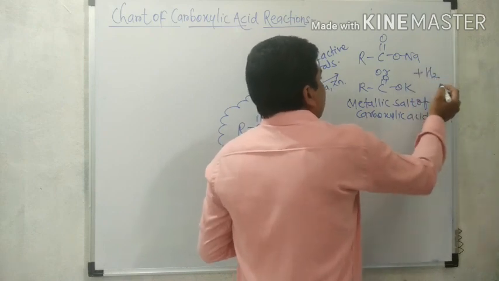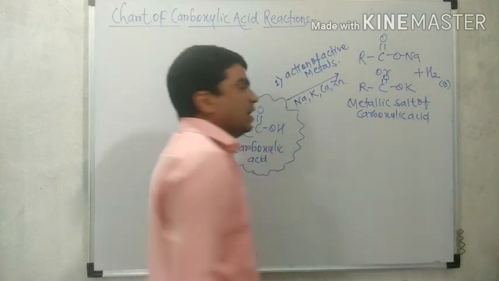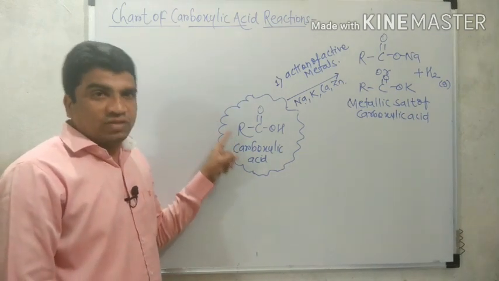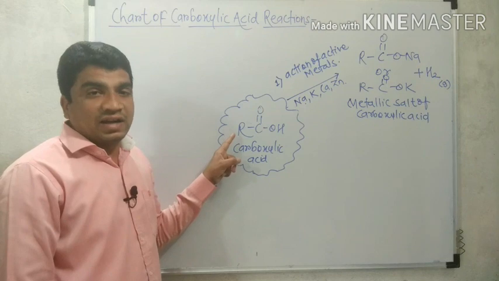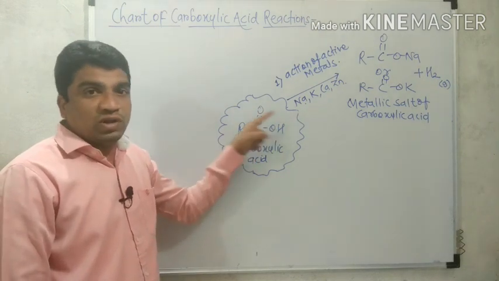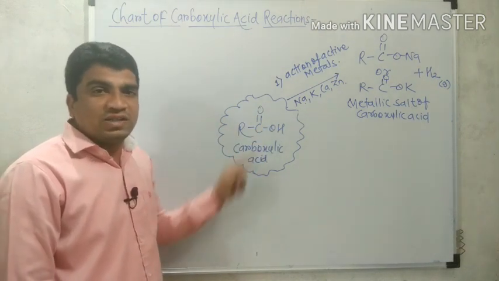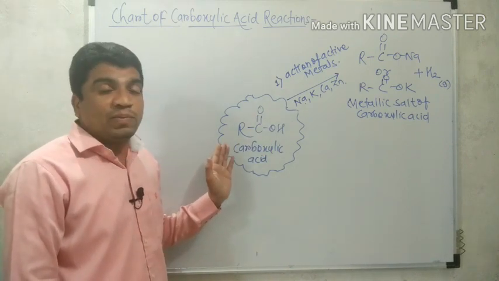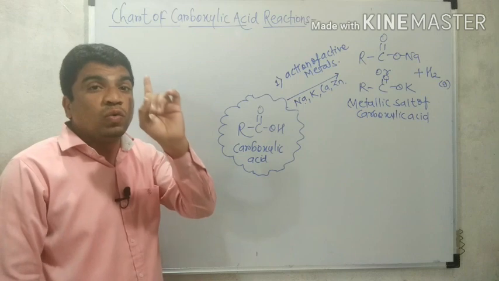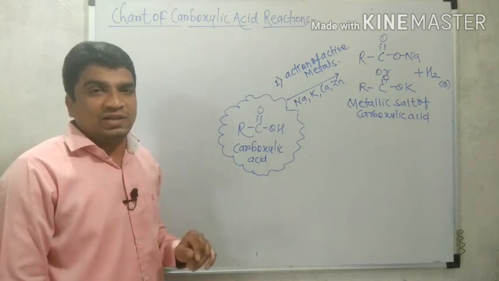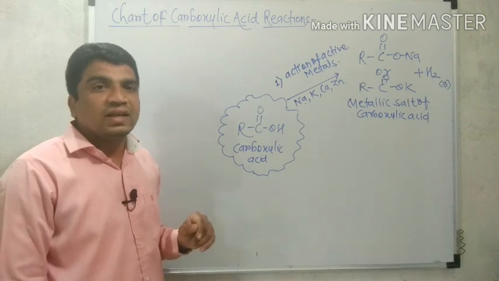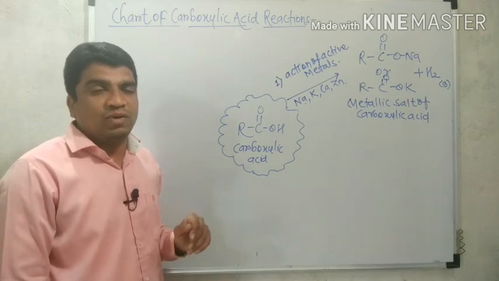in each and every reaction hydrogen gas is obtained as a byproduct, because two molecules of carboxylic acid react with either two atoms of sodium or two atoms of potassium. If we take calcium, then two molecules of carboxylic acid react with only one atom of calcium. We obtain (RCOO)2Ca, the calcium salt of carboxylic acid.